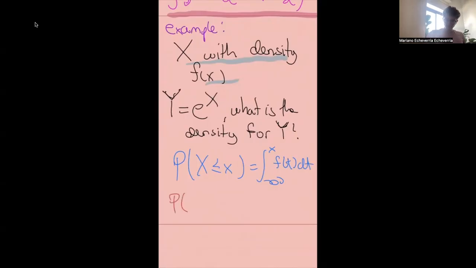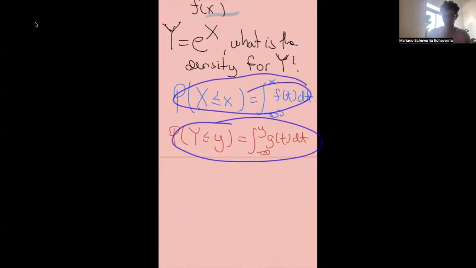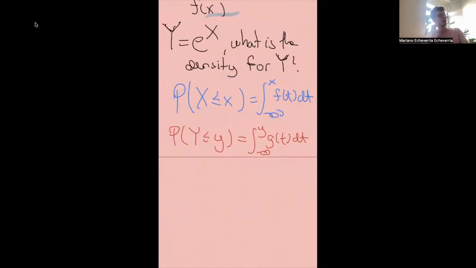It would have the property that the probability of Y less or equal to y would be the integral from minus infinity to y of g of t dt. So this is the property for the density of X, and this is the property for the density of Y. But again, you just work out what that means.